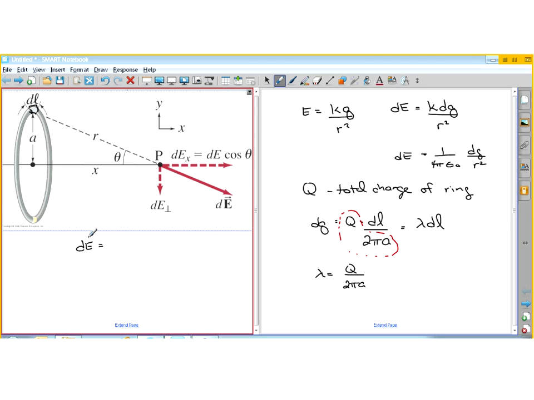So dE, the vector, is going to have a direction, but we'll deal with that in a second. The magnitude is just going to be equal to K times dQ, which is lambda dl. So we're taking this equation, for dQ we're putting in lambda dl, and then we're dividing by r squared. Oh, that's right, we were going to use 1 over 4 pi epsilon 0 instead for k.